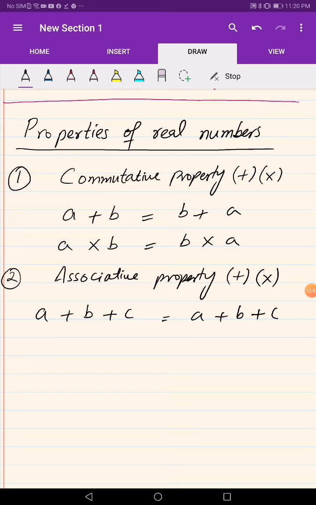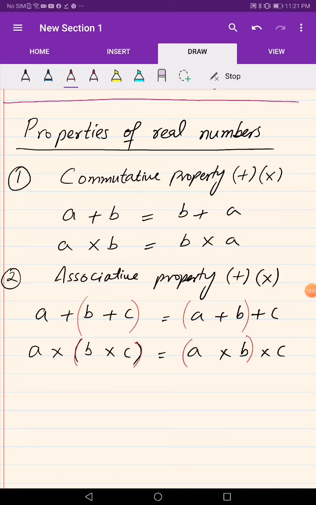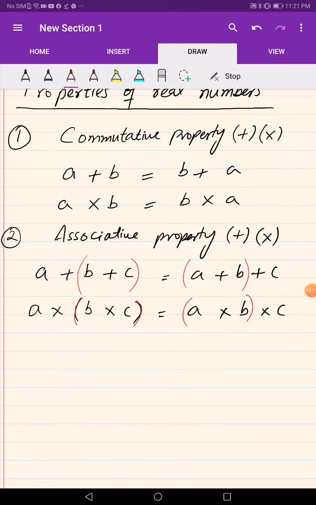Suppose I add the brackets here and then I add the brackets here, so this is called the associative property for addition. And the same thing I can do for multiplication, a times b times c. I'm going to write the brackets here. So this is the associative property for addition and multiplication.